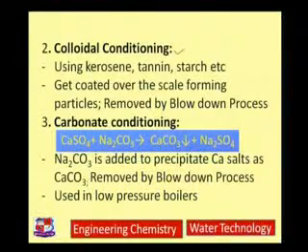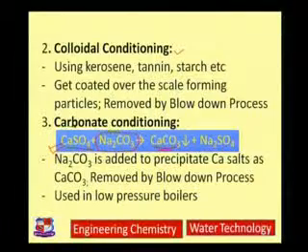The third internal treatment method is carbonate conditioning. In this we add sodium carbonate, though it may lead to the formation of caustic embrittlement later on, but it can be used for removal of scale due to calcium sulfate. Calcium sulfate reacts with sodium carbonate and converts into CaSO3, which is comparatively a softer scale.